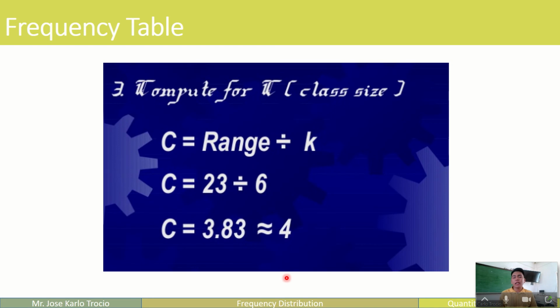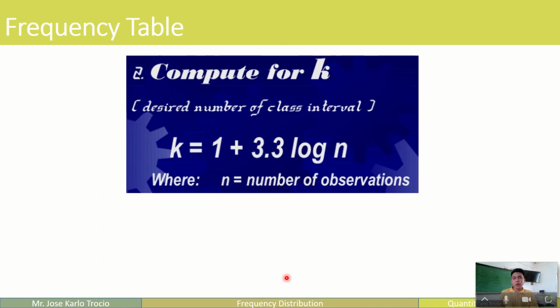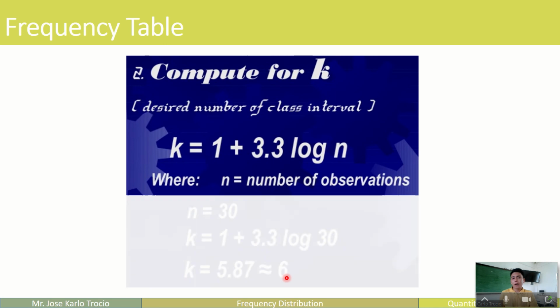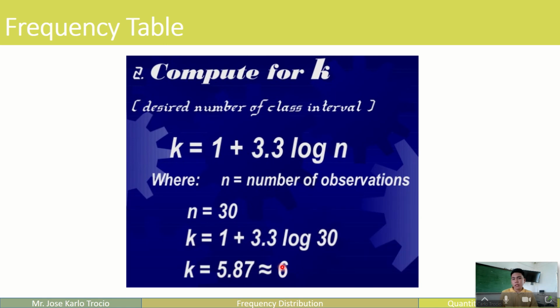Next, step 3. You need to find the class size of each interval. The formula is c is equal to range divided by k. So you have the range here, which is 23, divided by k, which is 6, the desired number of class intervals.